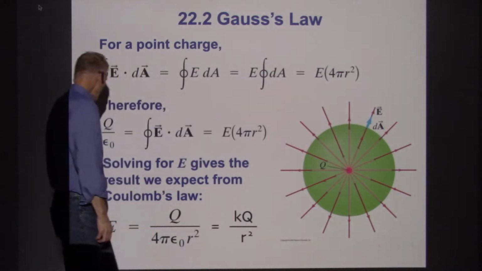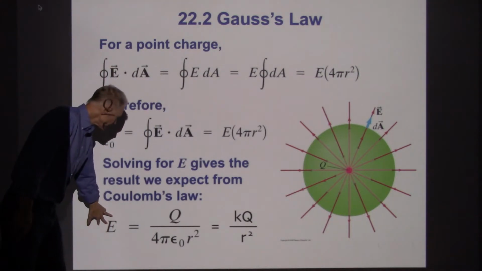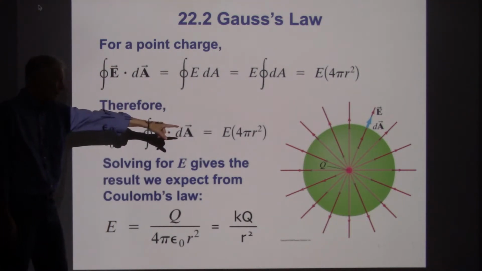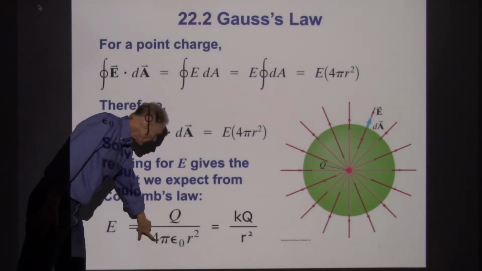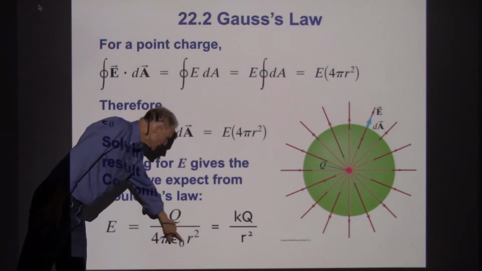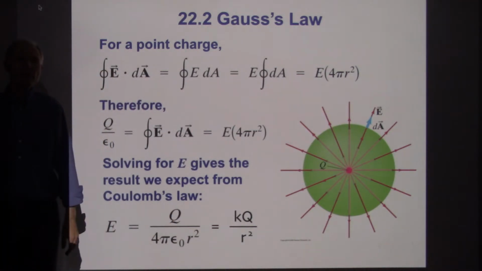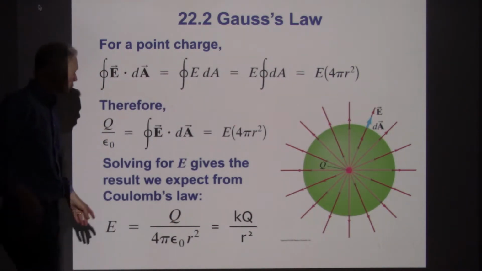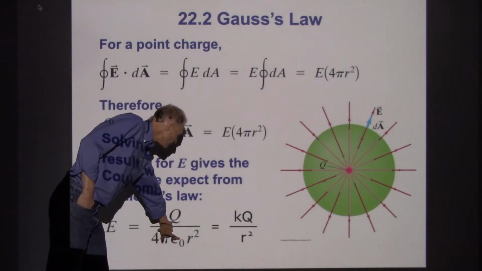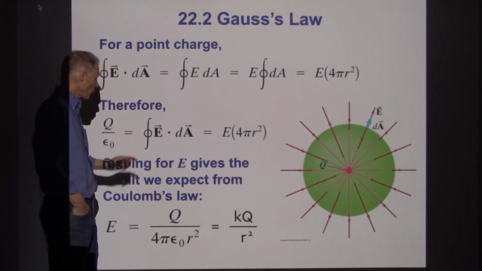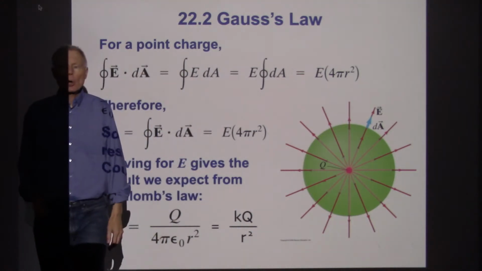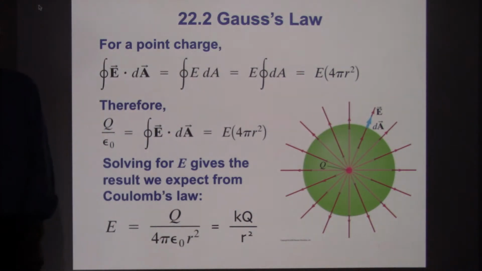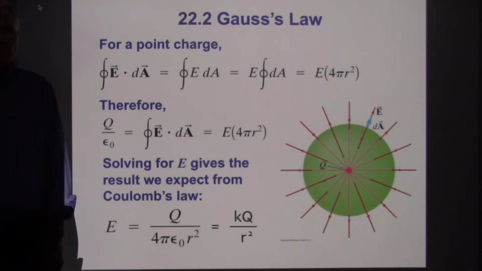And when we solve for the electric field, it says the electric field surrounding a point charge is Q divided by 4 pi epsilon naught divided by the distance squared. And if you remember, 1 over 4 pi epsilon naught is the same thing as little k. So what we've done here is we've used Gauss's law to solve for the electric field of a point charge.